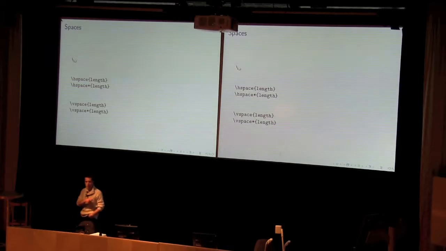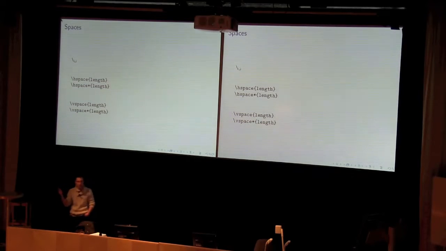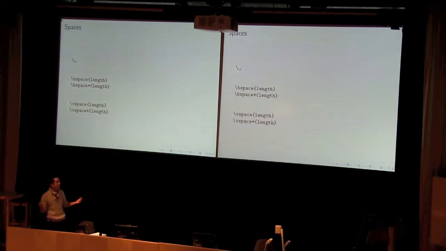For example, you have these spaces between two words, but the line is broken between these two words. Then these spaces disappear totally, because LaTeX doesn't know where it should be put, at the end of the first line or at the beginning of the second. There is no rule for that, and there is no need to keep this space.